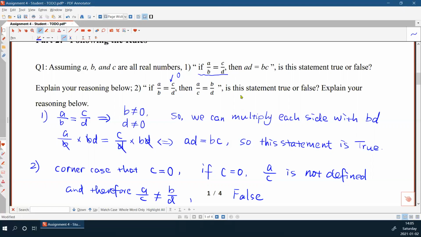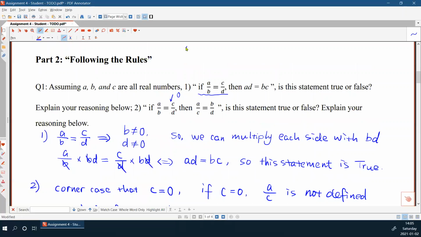So generally speaking, if you have a ratio A over B equals C over D, you can have AD equals CB, right? But it does not necessarily mean A over C equals B over D. This statement is true only if C is not 0. Okay?